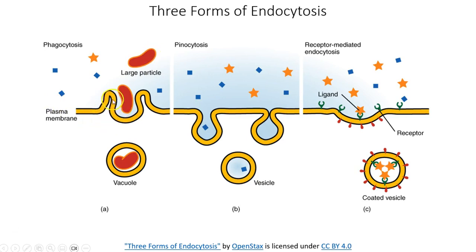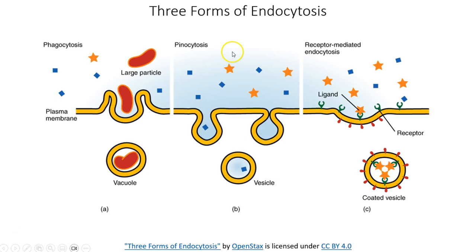As you can see, the cell is going to start creating this little pocket with its membrane, and it's going to keep moving that up until we have completely enclosed that large particle, and it's going to seal it off. So it's this nice little packet. In phagocytosis, it's called a vacuole, and that little packet contains whatever that large particle was, and then these other 2 ends of the membrane are going to seal shut and reconnect to each other.